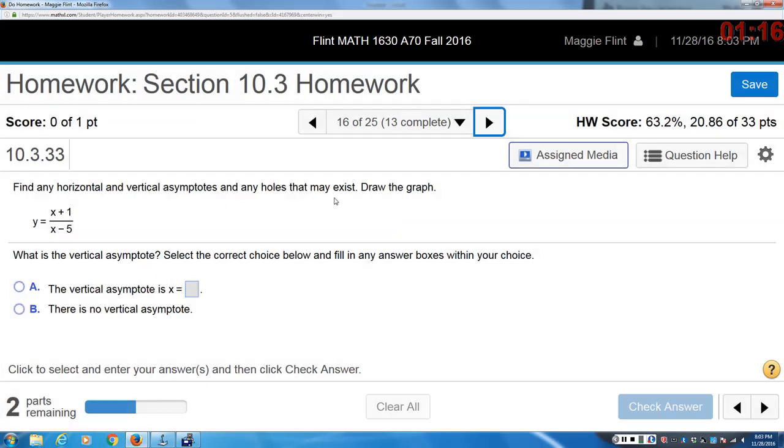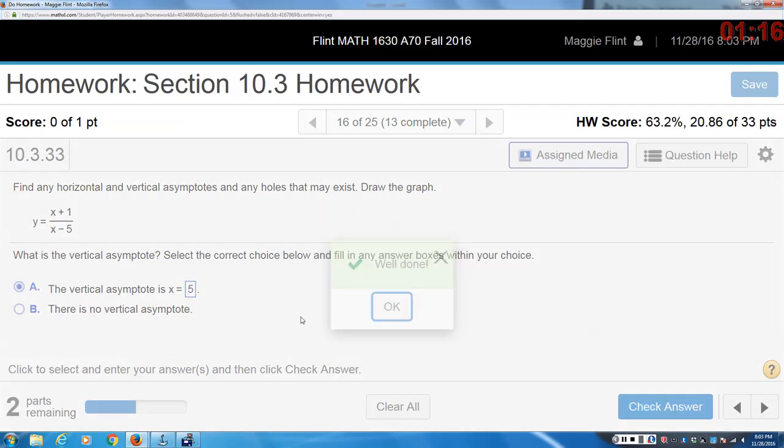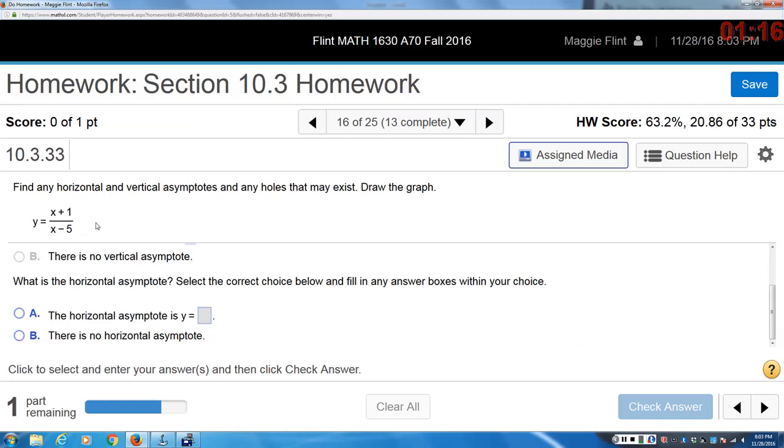Okay, this is more of the same. Well, no, I will do this one because this one's a little bit different. The vertical asymptote is going to be at x equals 5. Does everybody understand why? Now, the horizontal asymptote. This one, there is actually an algebraic way to find it because there's a variable in the numerator.